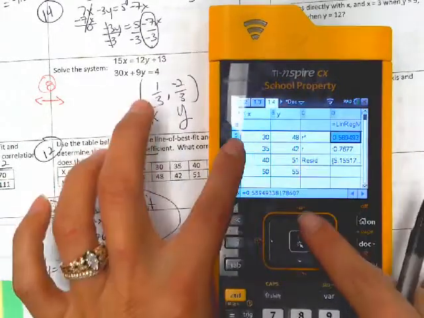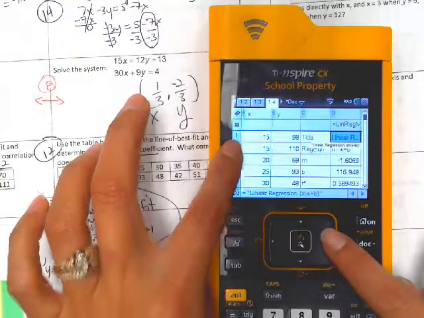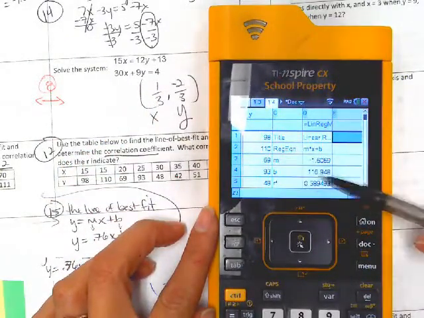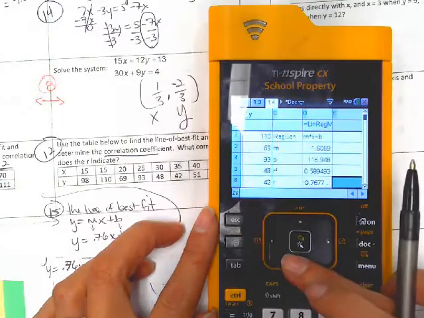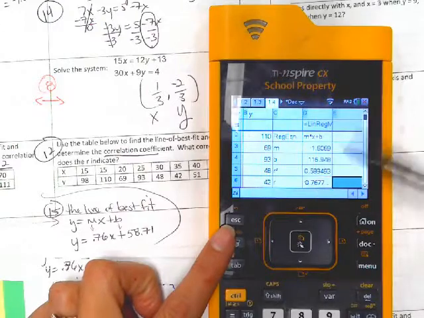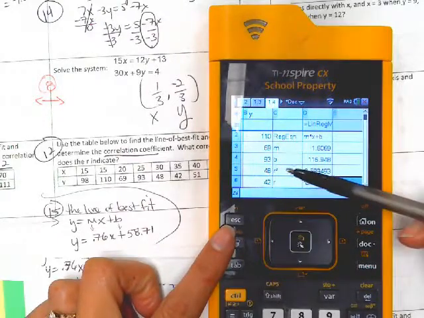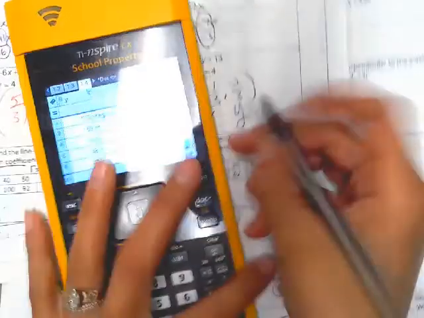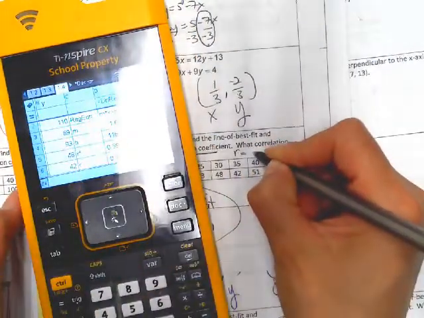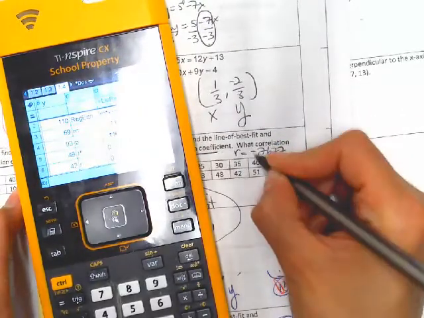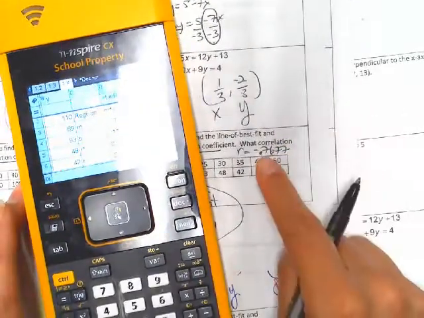Make sure you go all the way up so you can see the answers. Now the M is going to be my slope, the B is going to be my y-intercept, but in this first question they're only asking me for the R, the correlation coefficient. It's the second R because the first one is R squared. I only want the R. So my answer is a negative. So this is a negative correlation of negative 0.7677, or if you want to round, it would be negative 0.77.